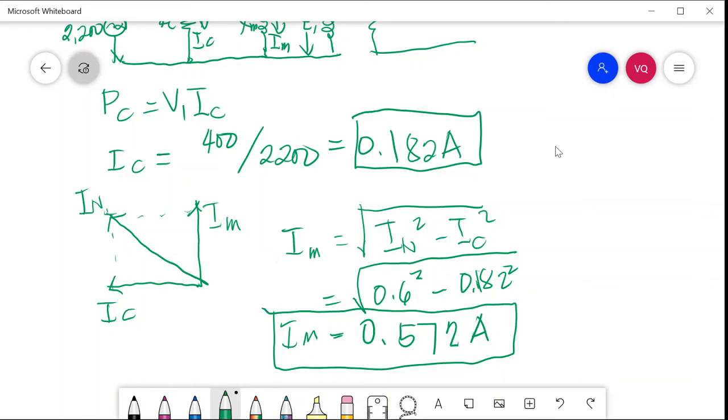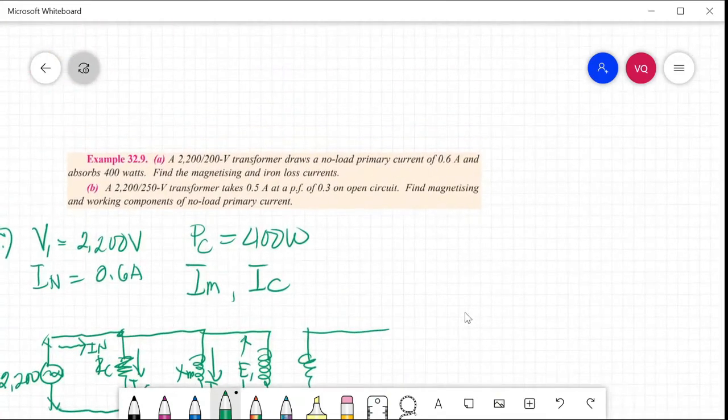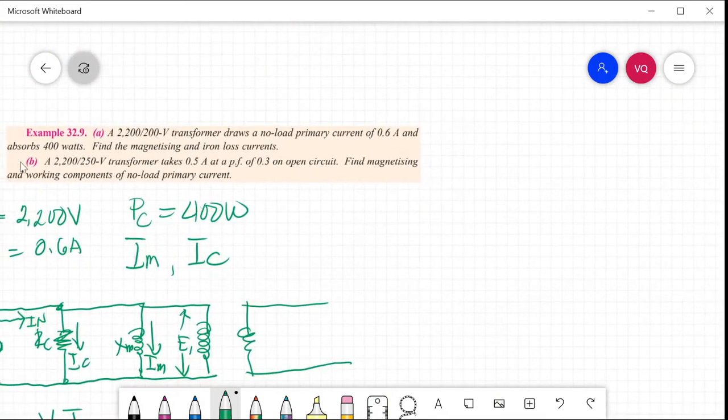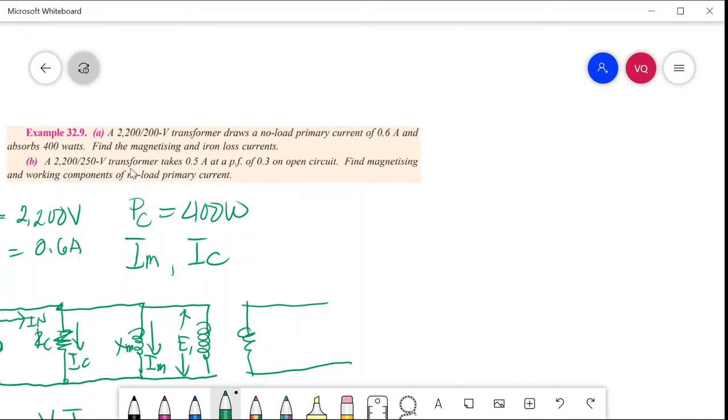For letter B, a 2,200 volts, 250 volts transformer takes 0.5 amperes at a power factor of 0.3, on open circuit. So, it has a power factor. Find the magnetizing and working component of no load primary current.